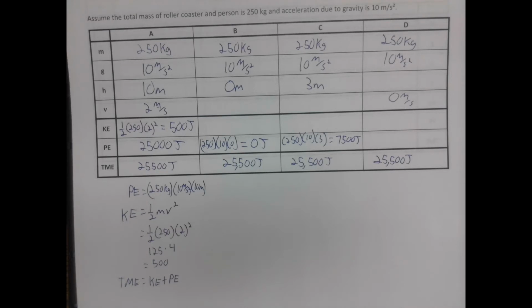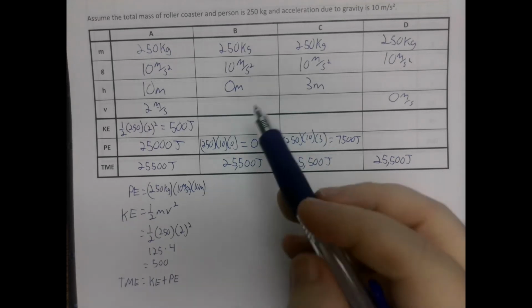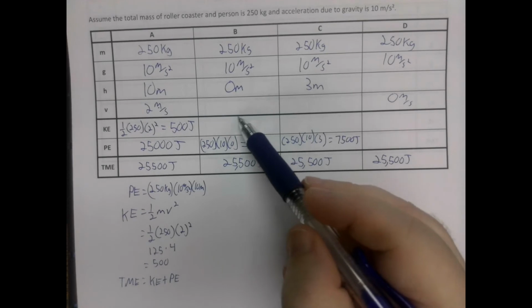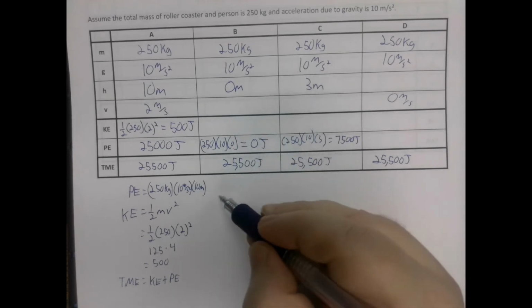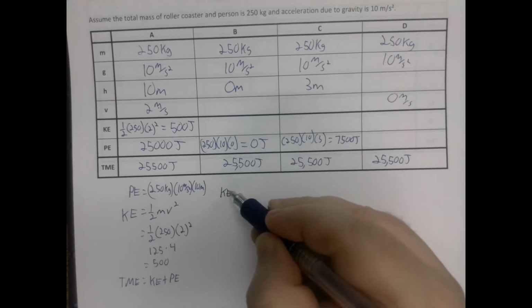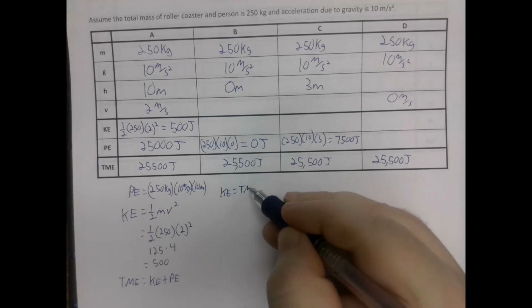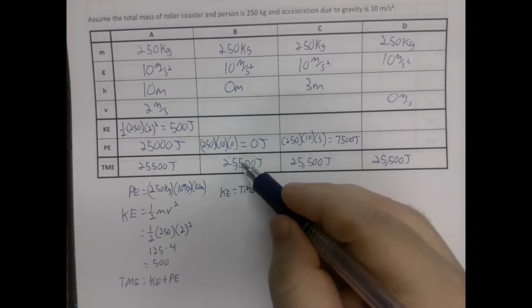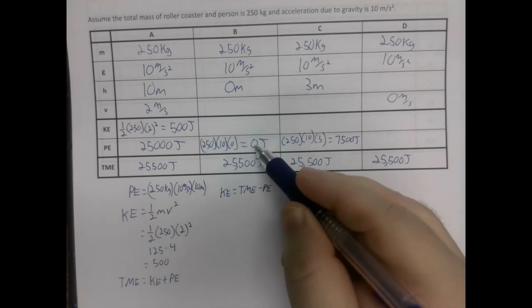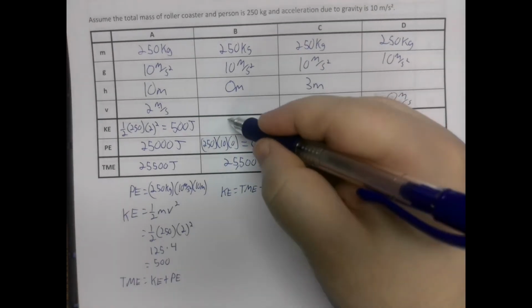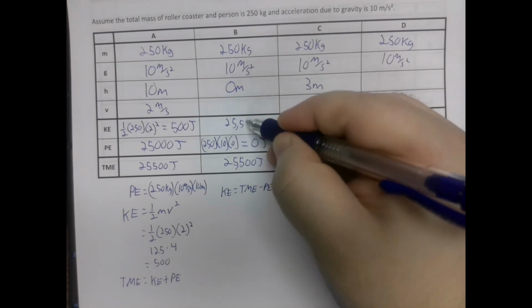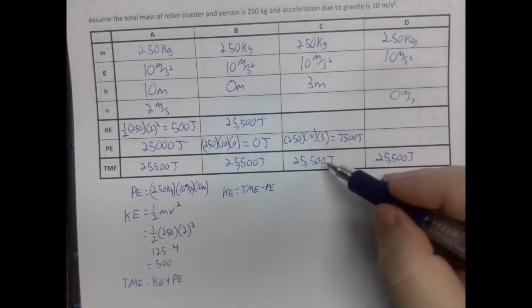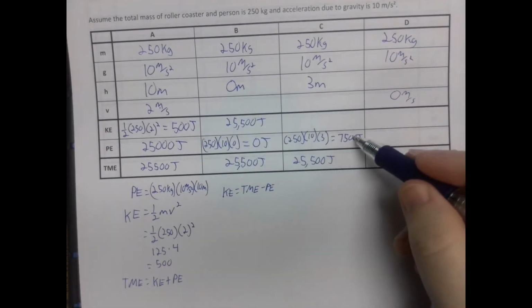So what should we do next? Get kinetic energy. So what is kinetic energy equal to? Other way. Total minus PE. So 25,500 minus 0. 25,500 minus 7,500.